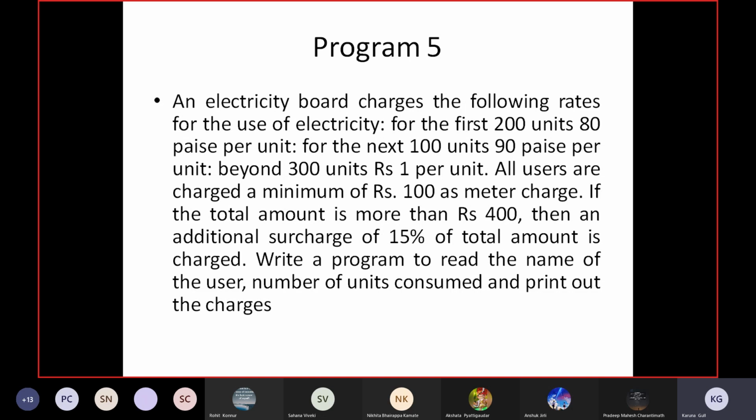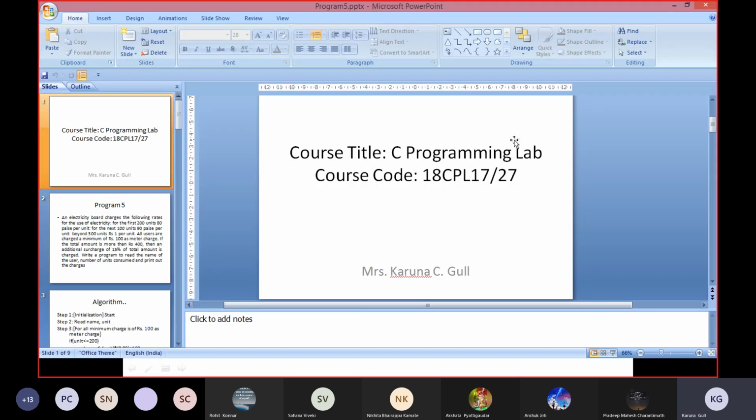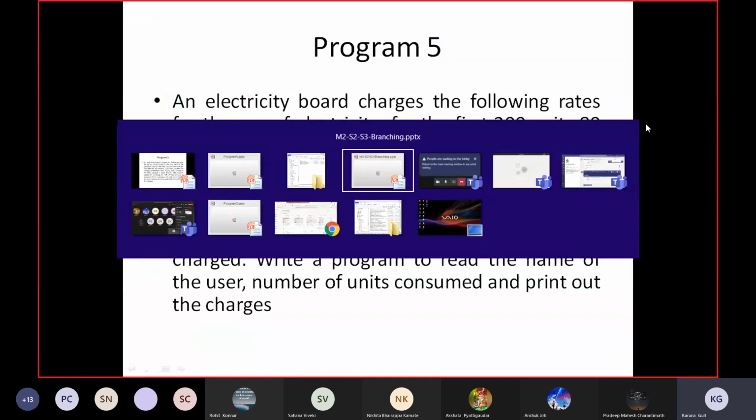Afterwards we'll visit the third program, fourth program, and so on. I feel this is the easiest program, that's why I started with this. Now I'll show you the list of the programs before I proceed.